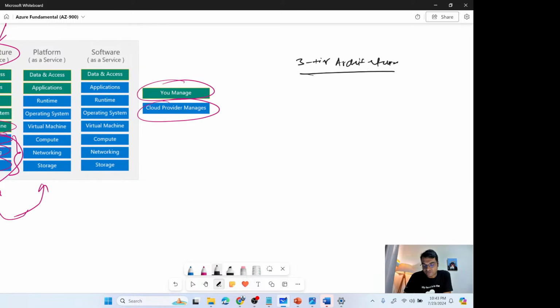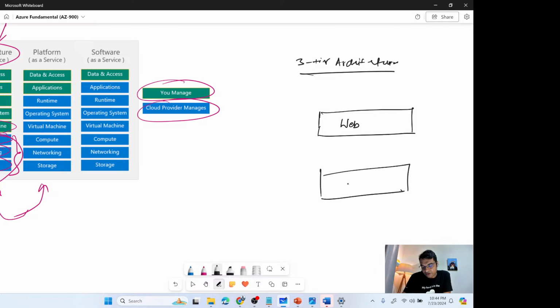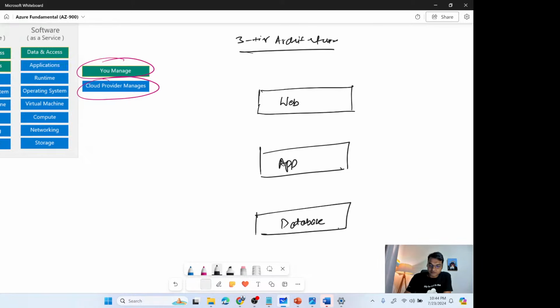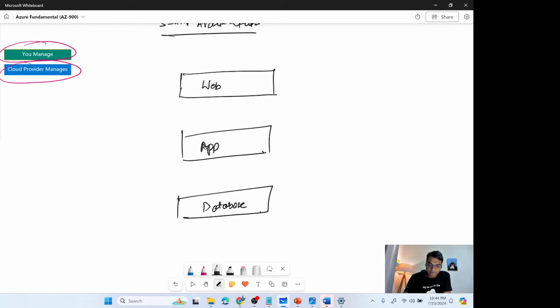It would have three tiers when it comes to architecting that. Tier number one would be the web tier. Tier number two would be the app tier. And tier number three would be the database tier.